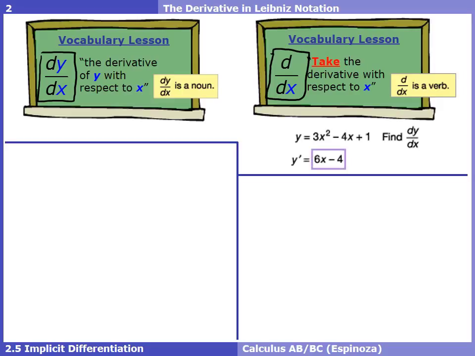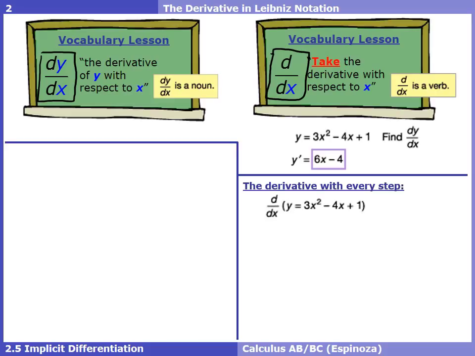Real quick and easy to do. 3x squared is 6x minus 4, and that's it. That's our derivative. So I'm going to take a bunch of extra steps to get to the same answer. I'm going to show the derivative, but with every little tiny step I can show. Again, helping us build up to the process of implicit differentiation.